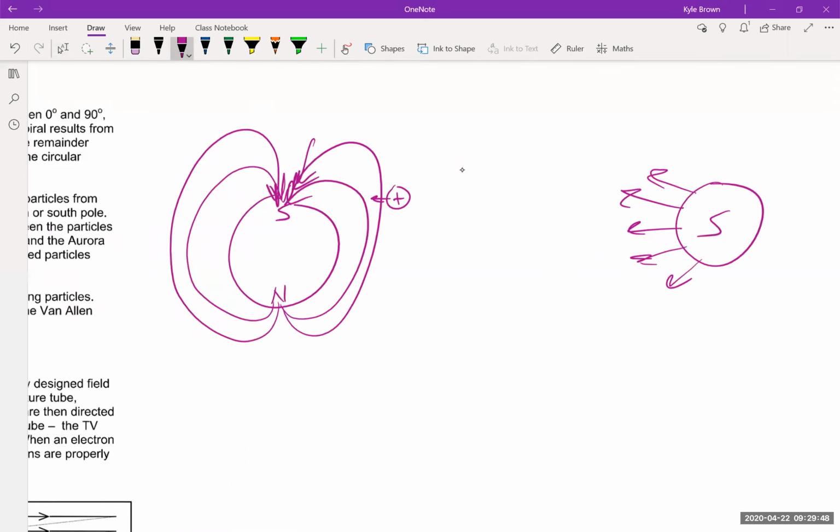And what happens is that they get deflected up, and they will usually all be channeled down toward the North and the South Pole, right? And this is our northern lights, right? That's Aurora Borealis. That's what's happening there, is that all these charged particles are interacting with our atmosphere because they're colliding with our atmosphere mostly at the poles, right?